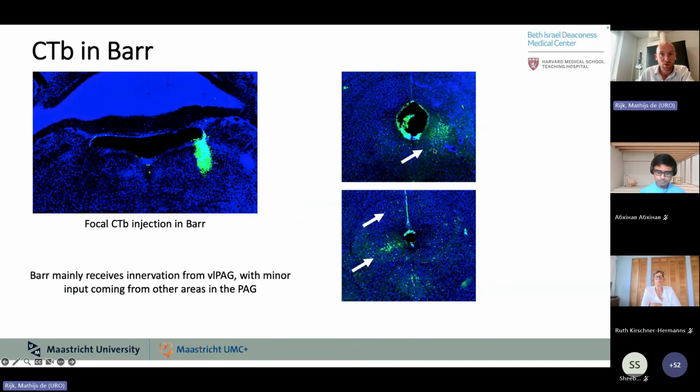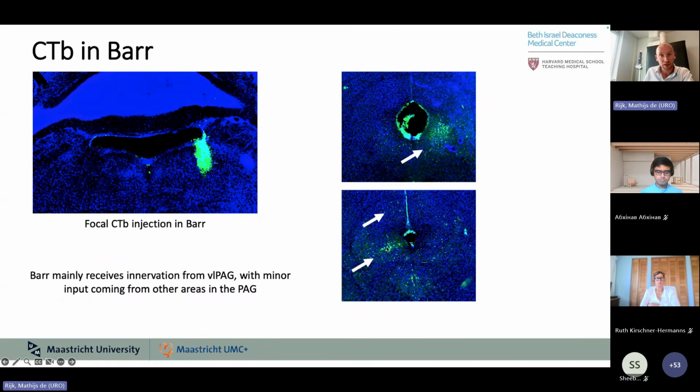And this is then relatively caudal in the periaqueductal gray. So this is the cerebral aqueduct, and you can see here a border. That's a border of the PAG. And then in the ventrolateral, but also slightly in the lateral aspect of it, you can see that there are many cell bodies of neurons that project to the region where the injection was. And that's strongly in the ventrolateral PAG, but also a lot more rostrally.